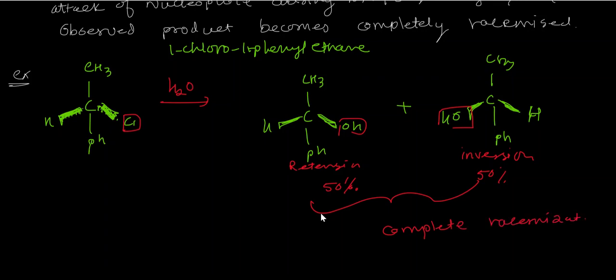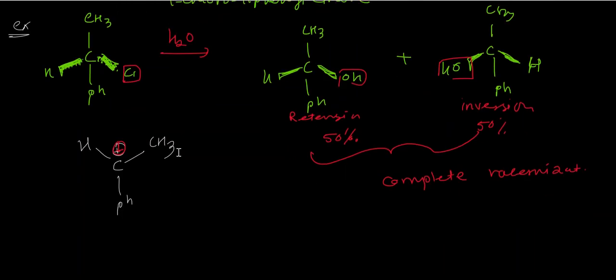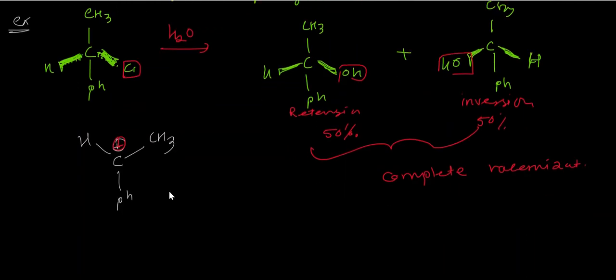Why? Because this hydrogen is there, this CH3 is there, and this Ph is there. So you can see this side positive charge. This carbocation is a well stable carbocation because of the phenyl ring. Okay, I'm going to write it. Here it is, the phenyl ring is there.